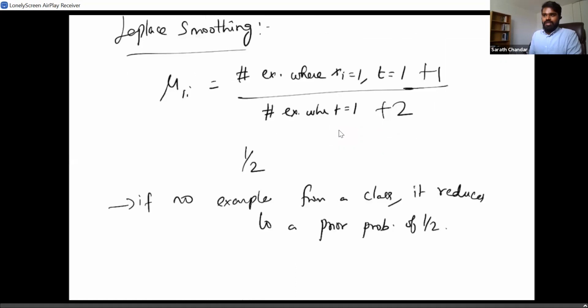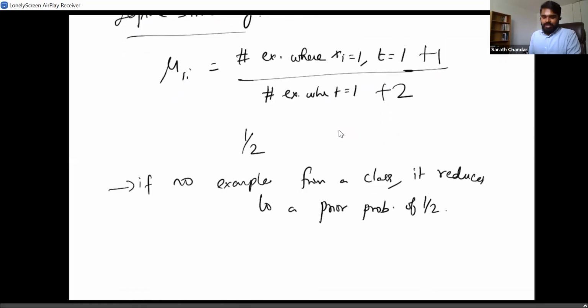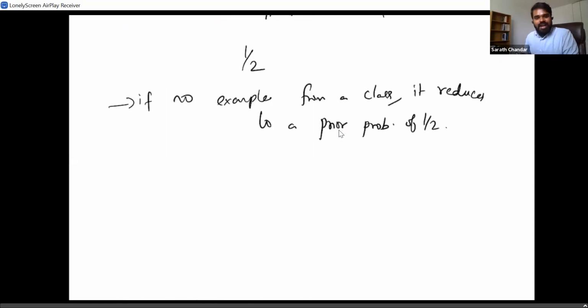Now, this idea of Laplace smoothing is actually adding a bias to the model, right? It adds a bias that if you haven't seen any examples from the class, then the prior probability for any word is 1 by 2.